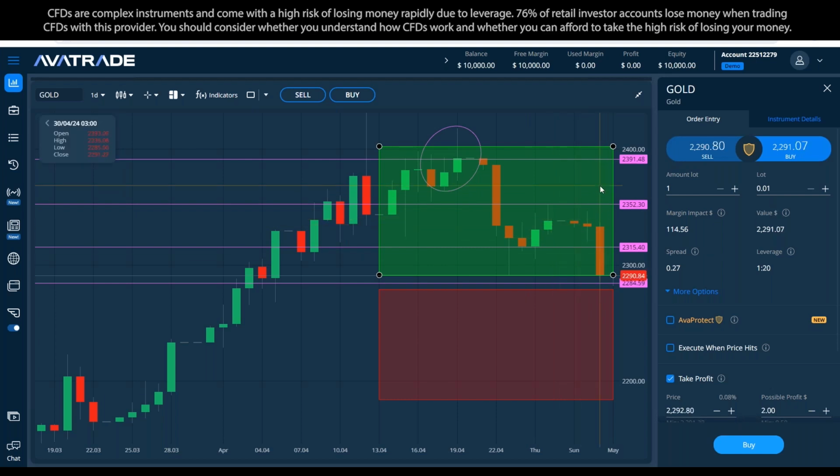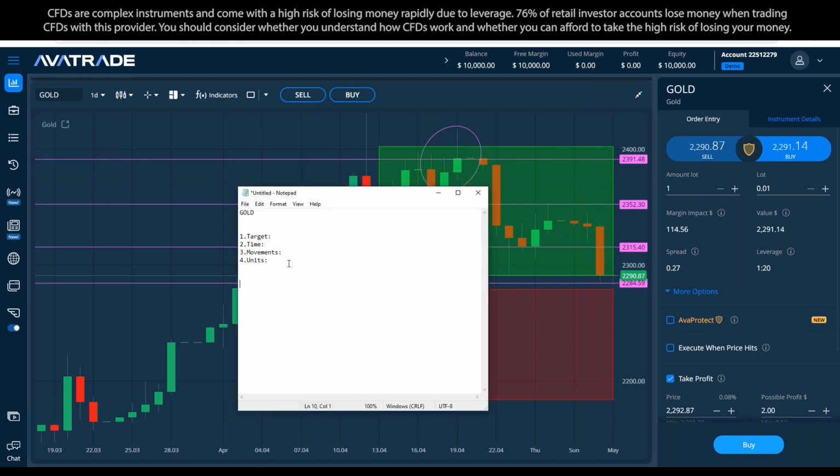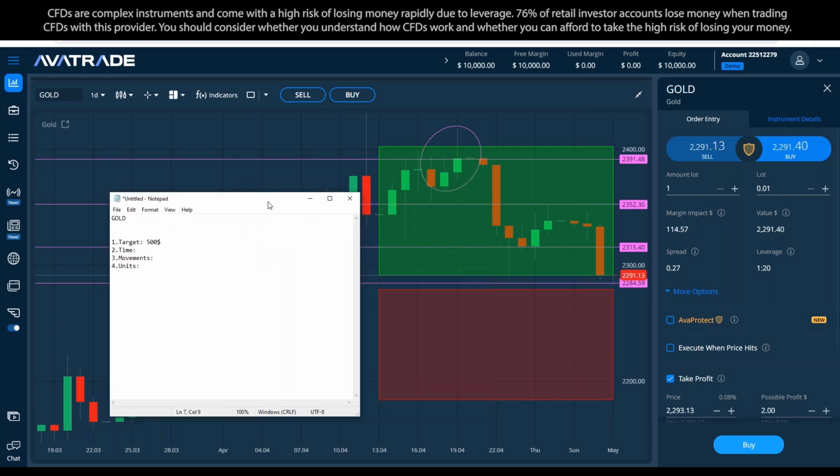Now, if it goes up and I want to make, let's say I want to make $500, okay? And now I'm going to think about the time. Again, because the direction only is insufficient, I need some kind of measurement, what price I can aim for that is realistic.